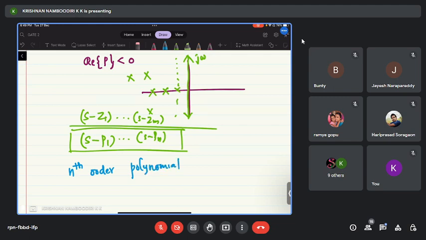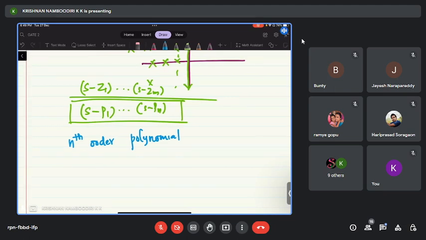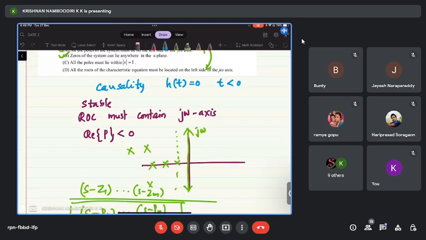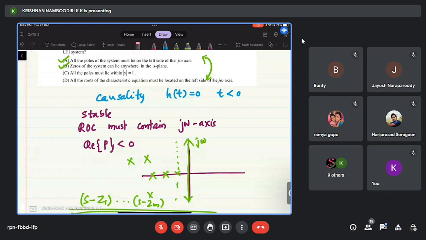This denominator polynomial is known as the characteristic equation of the system, and its roots are nothing but the poles. So all the roots of the characteristic equation must be located on the left side of the j omega axis.